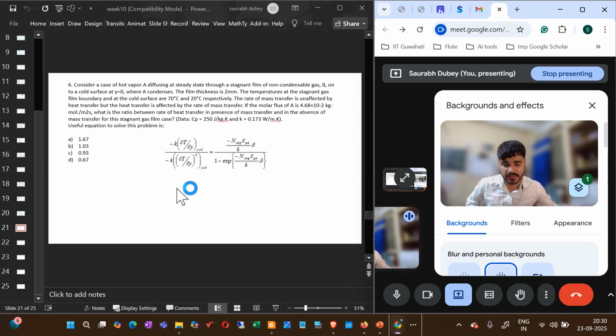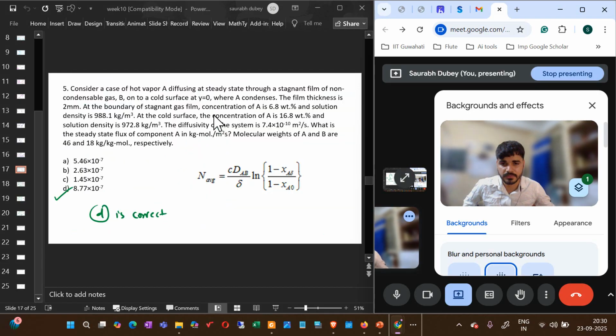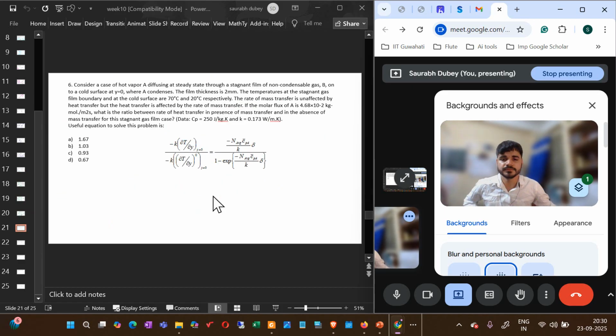This was not part of the previous question, right? The temperature you are not bothering about. The rate of mass transfer is unaffected by the heat transfer, but the heat transfer is affected by the rate of mass transfer, right? This is a very important line.